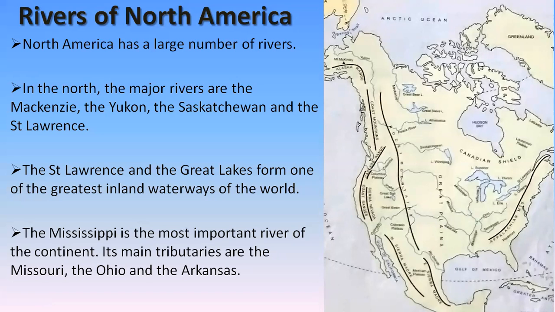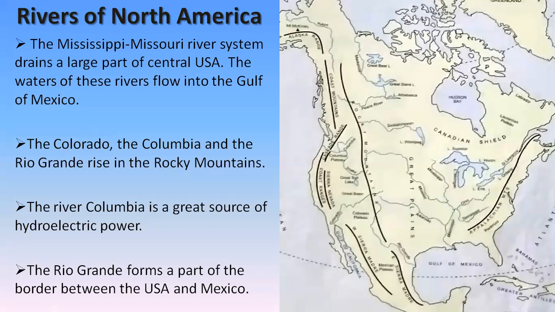Now you have seen some of the rivers in this slide. On the next slide, we will see the Mississippi-Missouri river system, which we already discussed in the last slide. This river system drains a large part of the USA. The USA stretches from the Rocky Mountain area and the Great Lakes area up to the Appalachian Mountain ranges.